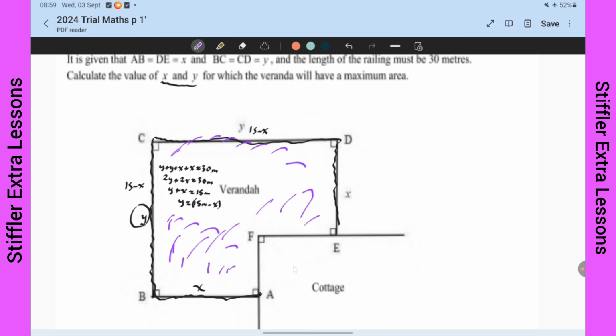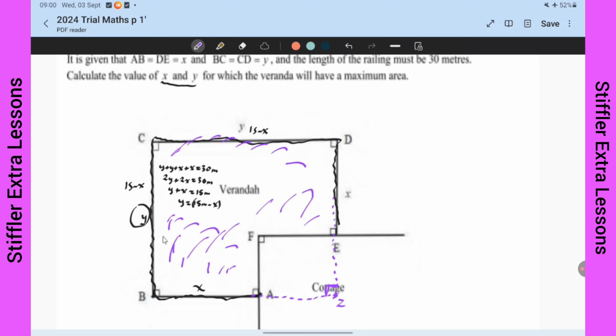Maybe let's construct a corner here that we can call Z. We can see that this shape has 90 degrees, so if we construct this shape up to this point and this point, it becomes a rectangle. We cannot say a square yet because we don't know other factors, but if you know that this shape has 4 right angles, it qualifies to be a rectangle.